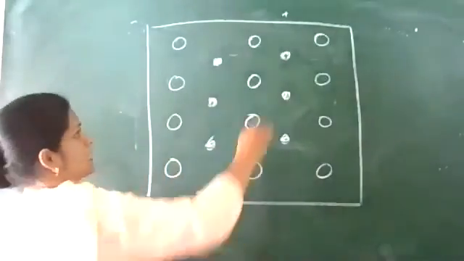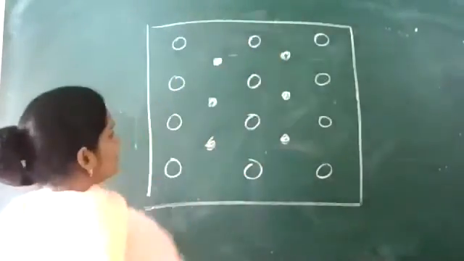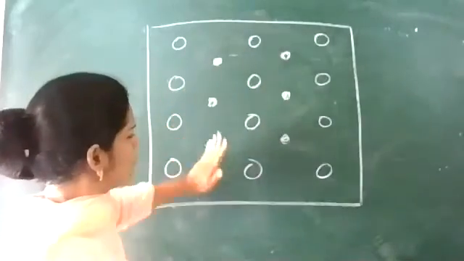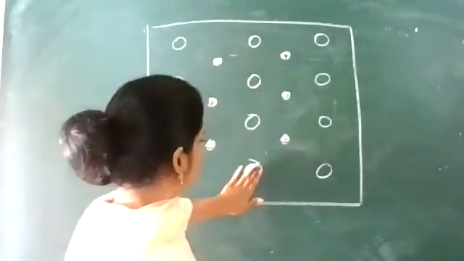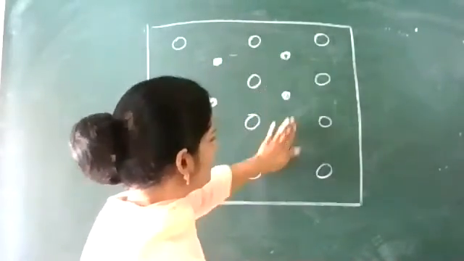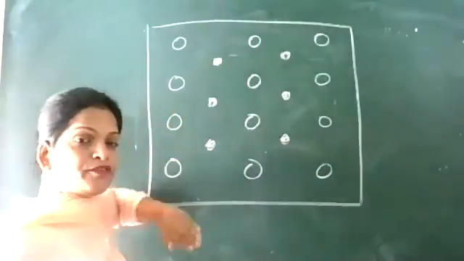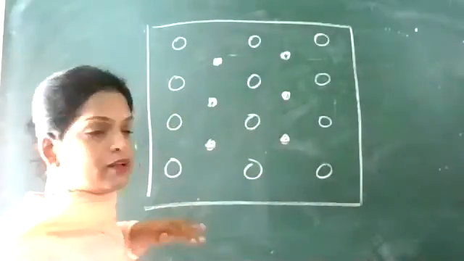This is a crystalline substance. The particles are arranged, one type of particle, next type of particle, again the next type of particle, in a regular fashion.